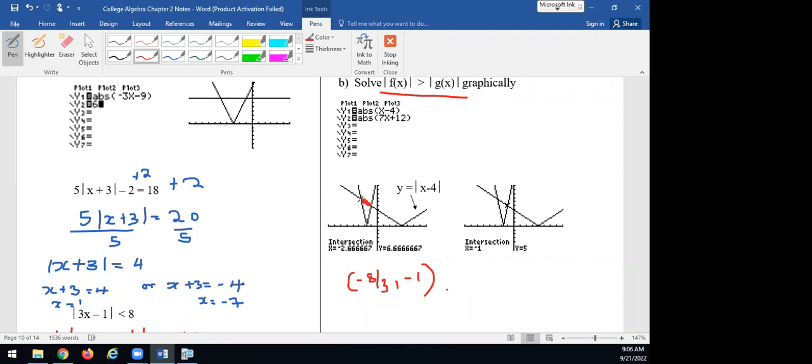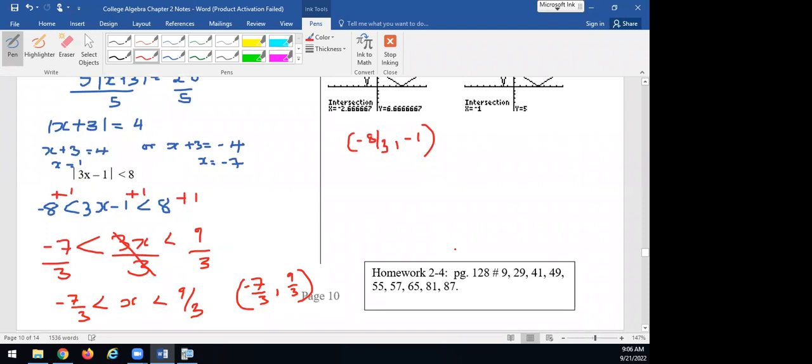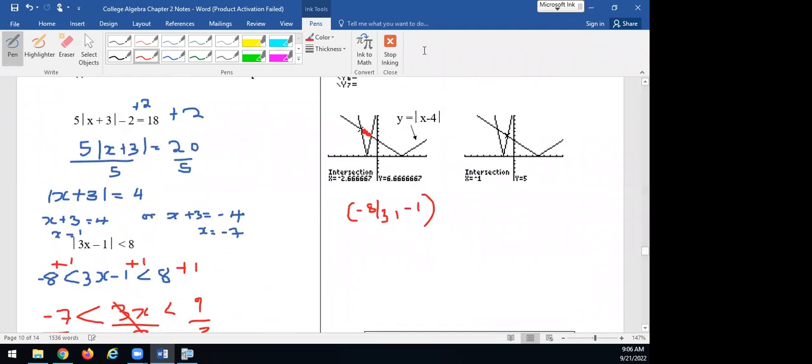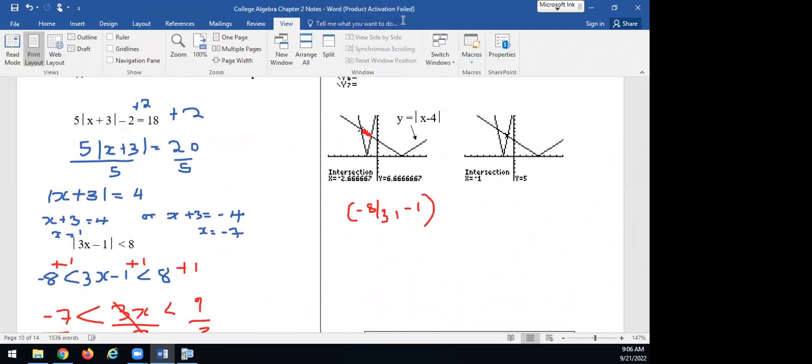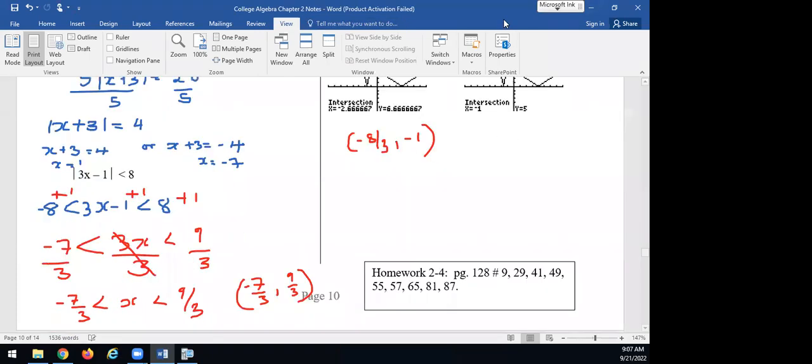Now, there are some problems in your books where you have to use a graphical method only to solve it. Anybody has your textbook with them today? All right, so for example, if you look on page 131 in your textbook, and then if you look at number, I don't want to do one that is assigned to you for homework.